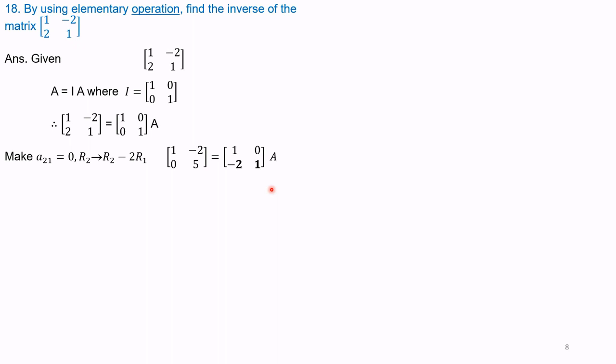Therefore, by using elementary operations, we have to make the element 2 in A into 0 by applying R2 minus 2R1 on row 2.